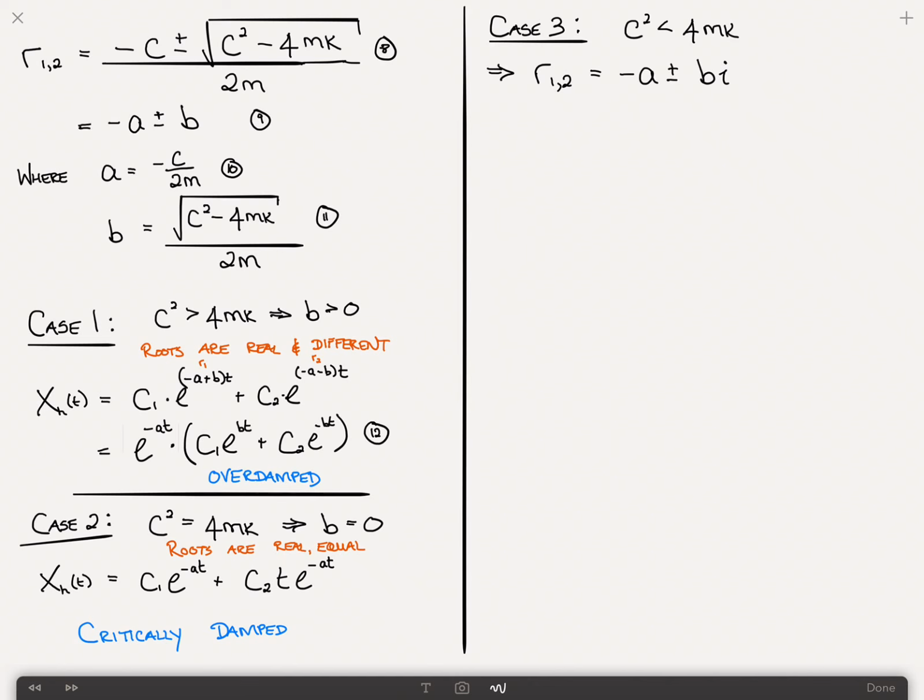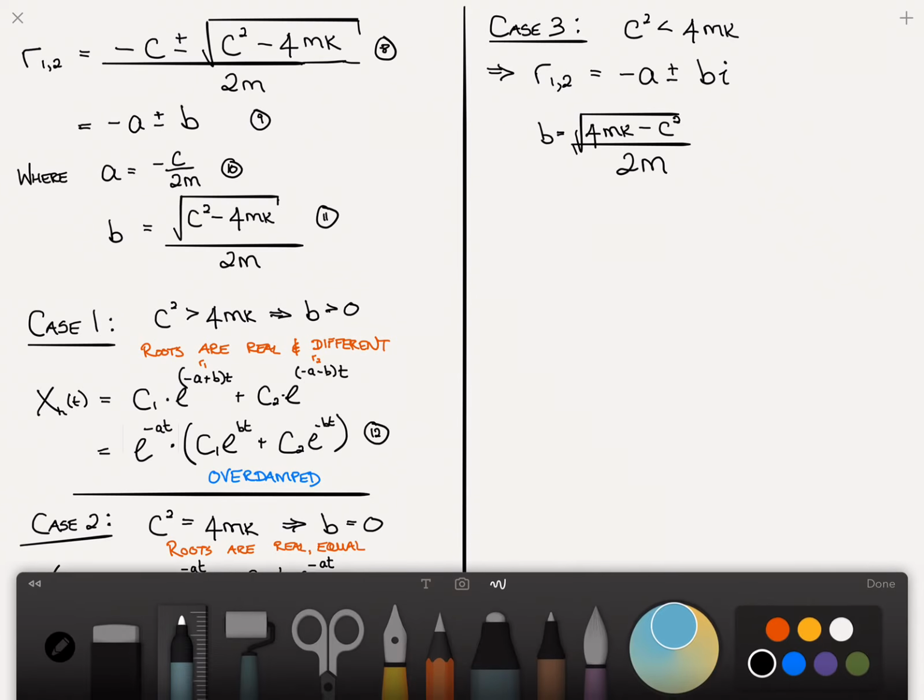And what we can end up doing is we rewrite it this way, where, to be clear, b in this case is equal to the square root of 4mk minus c squared, divided by 2m. Okay, and these roots are complex conjugates. Let me do that in red. Roots are complex conjugates.